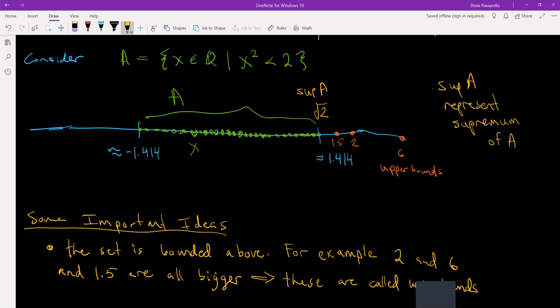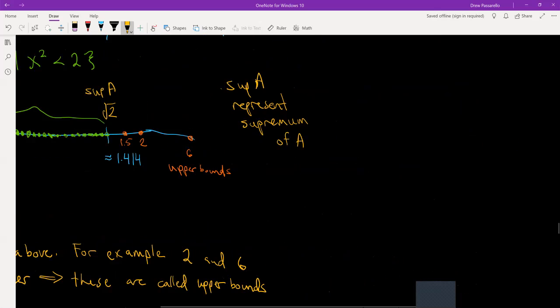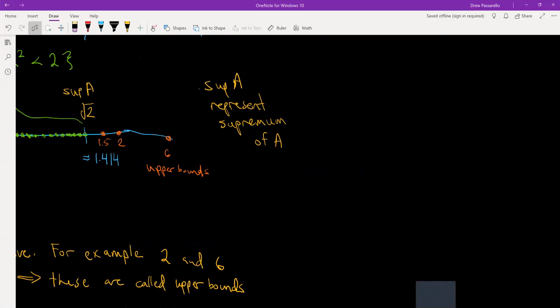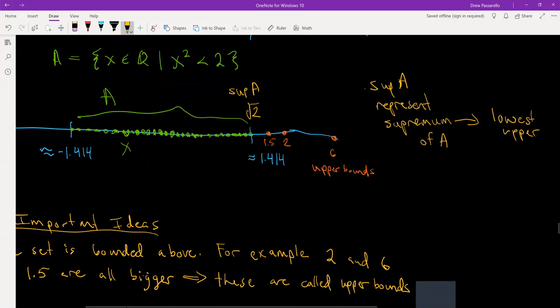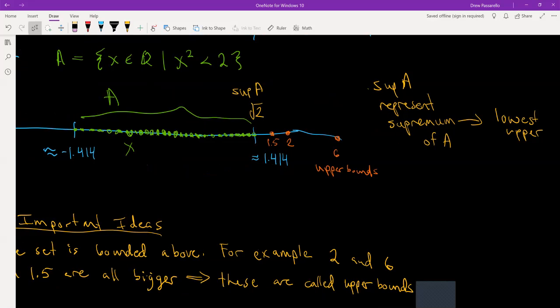A supremum is the lowest upper bound of the upper bounds of A. So the square root of 2 is the lowest value that's an upper bound to our set A, where A is the rational numbers whose square is less than 2.